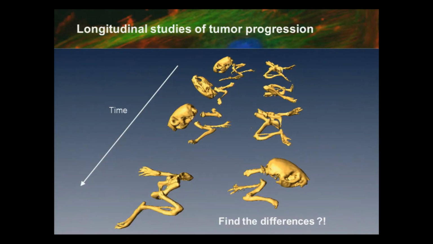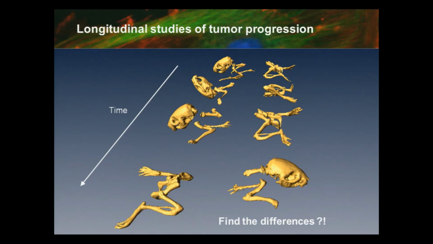And a final example is in studies of tumor, bone tumor progression. If you make scans of multiple subjects, or you have the same subject, a mouse model in this case, and you make scans at different time points, one week after the other, for example, and you would like to study the progress of a tumor.